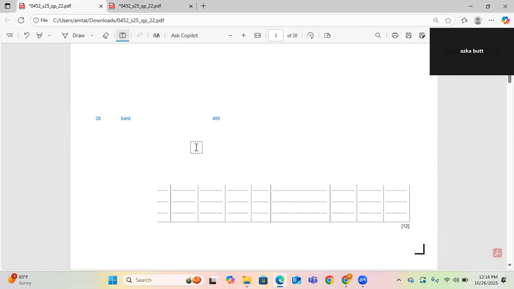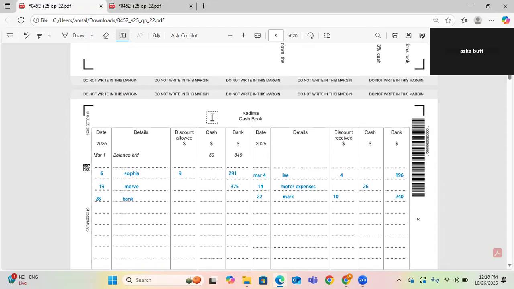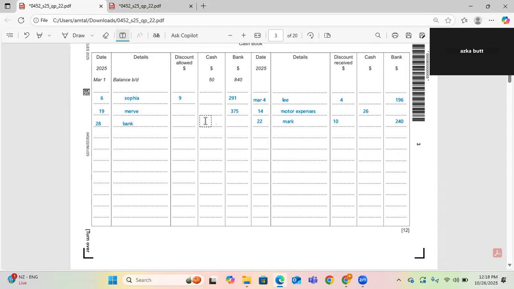When we deducted this $400 from the bank account, the cash is increased. Why is it not showing here? Let me just draw this here.